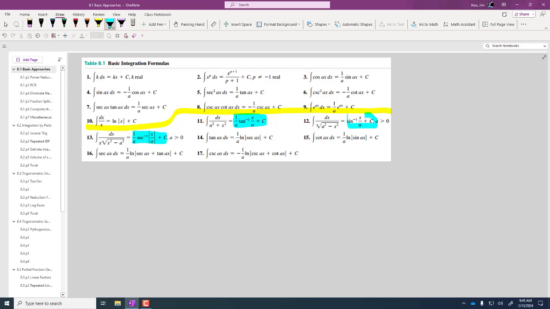These we're going to see a lot moving forward, especially that one, and then this one second most. This one we'll see occasionally, but the top two blue ones we'll see a fair amount, especially inverse tangent. So these should be ones that if you don't have memorized, you need to have them memorized pretty darn soon.